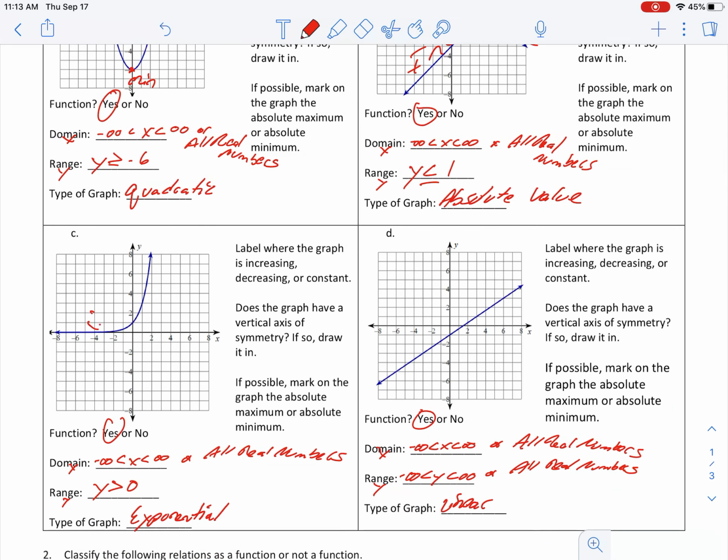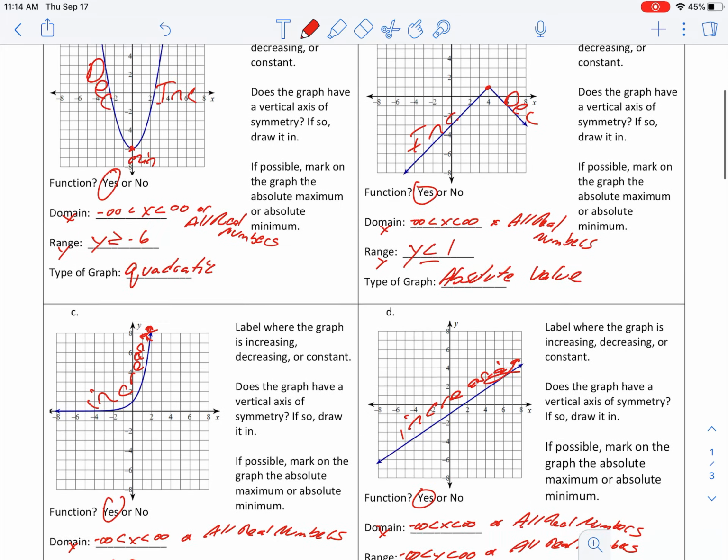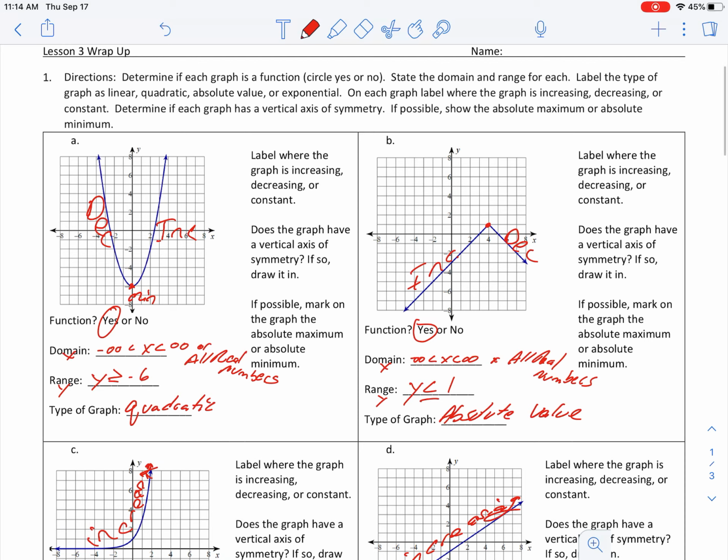It turns and starts to decrease. On C, my eyes are increasing all throughout here, okay? So it's just increasing. And there is no max or min for an exponential. Letter D, my eyes are also going up. My eyes are increasing. So it's just increasing, doesn't turn or anything like that, and there is no max or min either on that.